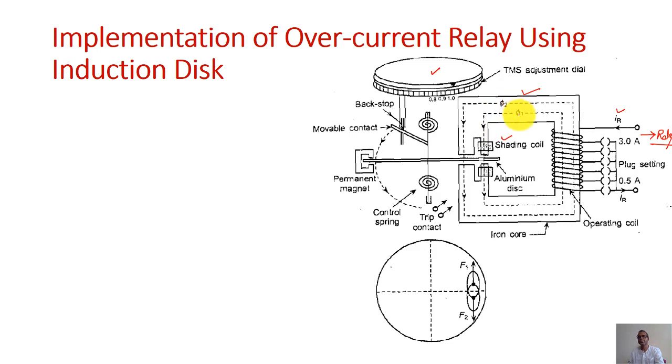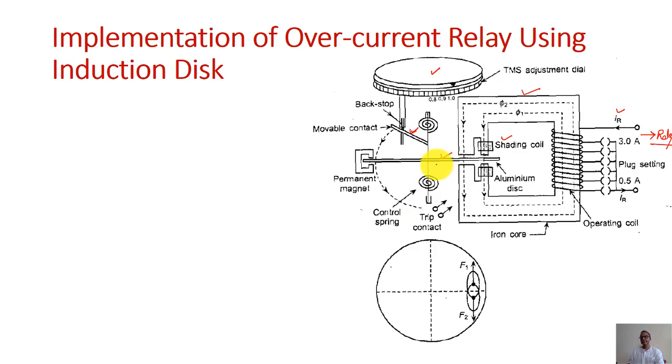In phi 1 and phi 2 we can create a phase difference as per our requirement. And here we have a movable contact, which moves as soon as the disk is excited. This is your aluminum disk.